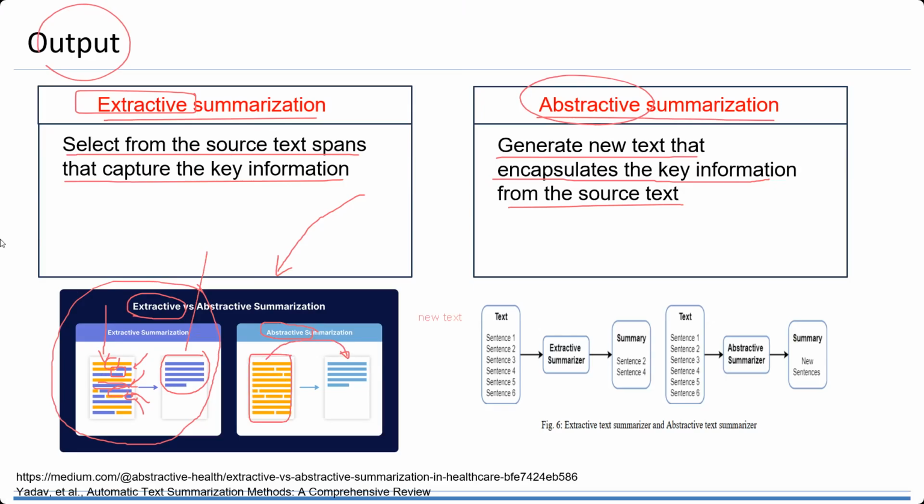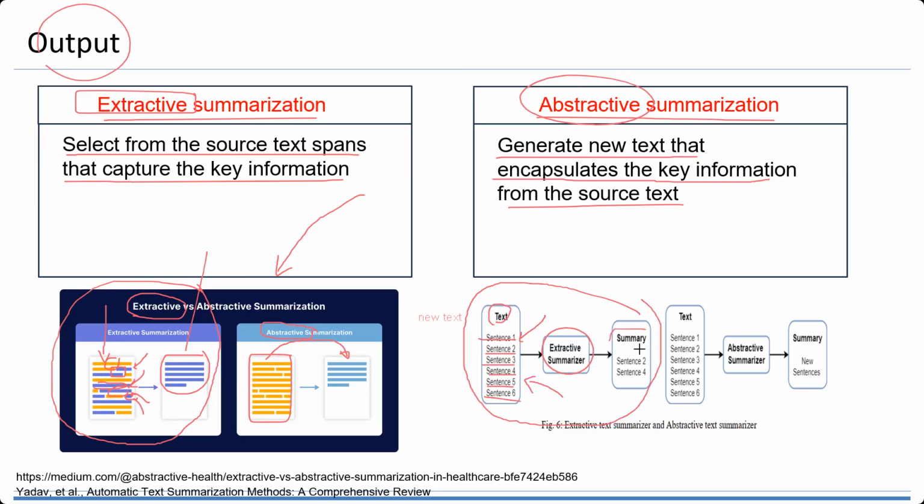So we can see another kind of diagram like this one. Let's say in the document you have sentence 1, sentence 2, sentence 3, sentence 4, sentence 5, and sentence 6. When you do the extractive summarizer, you select the key points from this document, and it is based on the sentence.